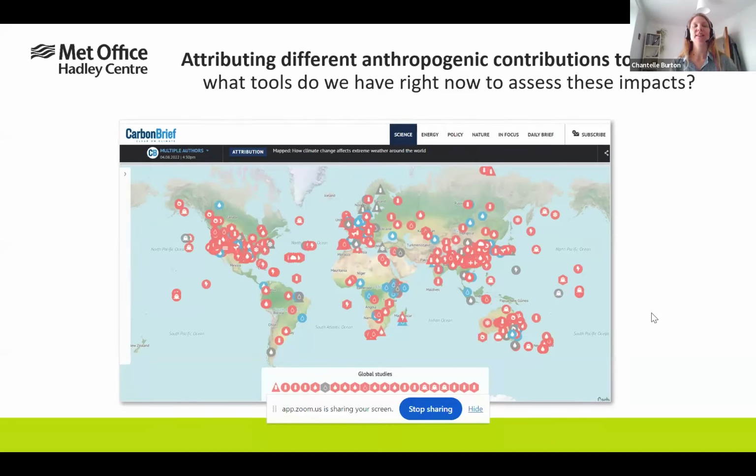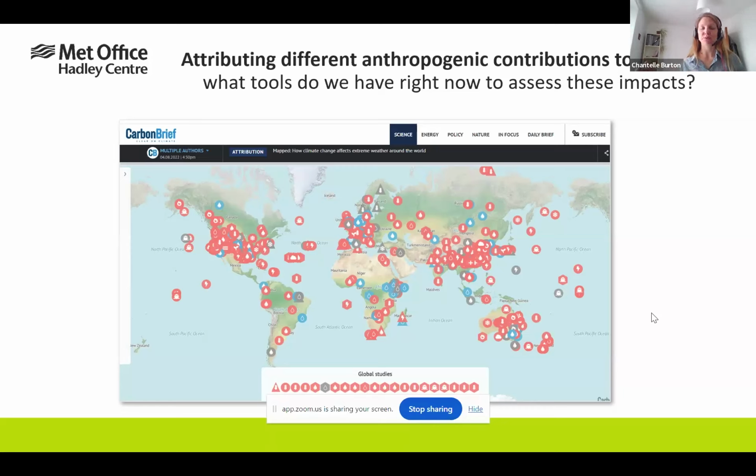This image here is from the Carbon Brief, and it shows a number of fire attribution studies across the literature over the last few decades, and each point represents geographically where the study is focusing.